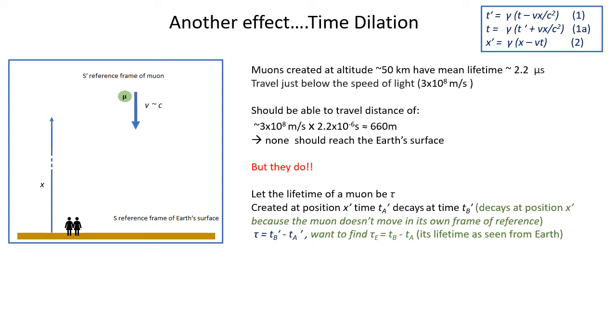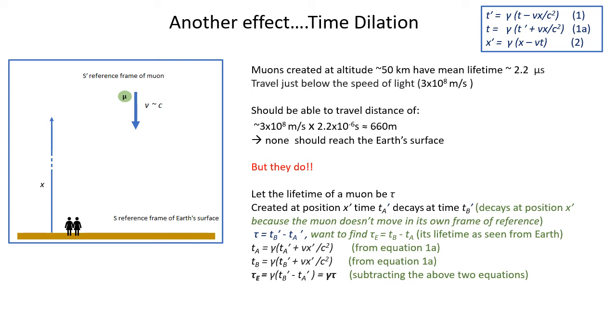So from equation 1a we have ta equals gamma into (ta' plus vx'/c squared), and tb equals gamma into (tb' plus vx'/c squared). If we subtract one equation from the other, then we get tau e, which is tb minus ta, equal to gamma tau.